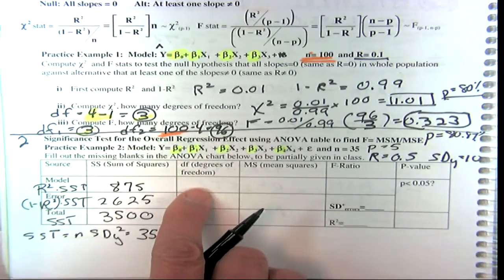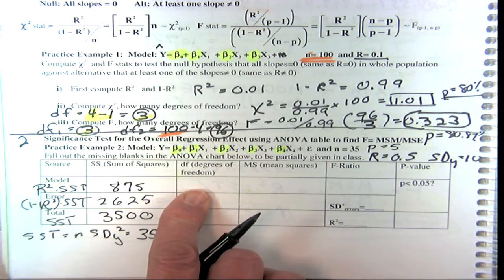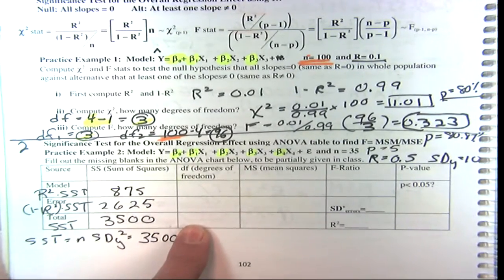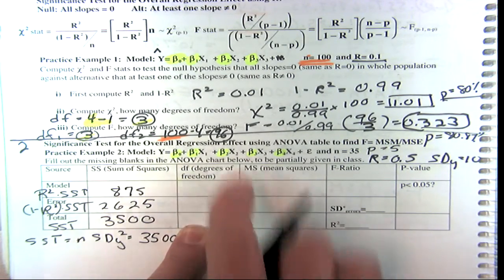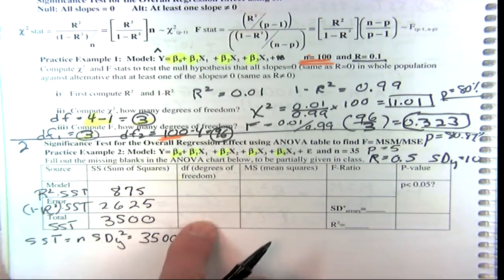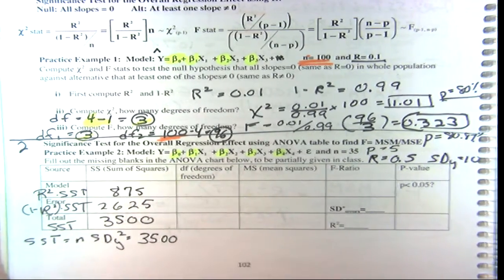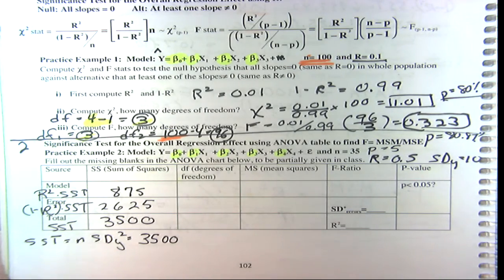So the degrees of freedom is going to be, well, first of all, what do we have down here? Maybe I should have you fill this in on your own for just a minute, just to make sure you know how to do this. Okay? Just take a minute to fill that in.